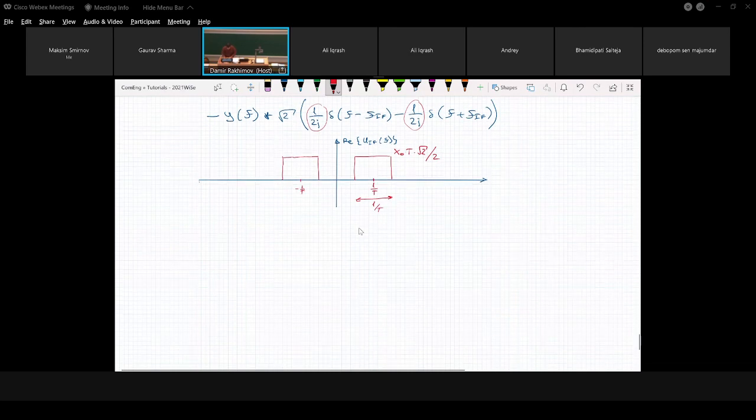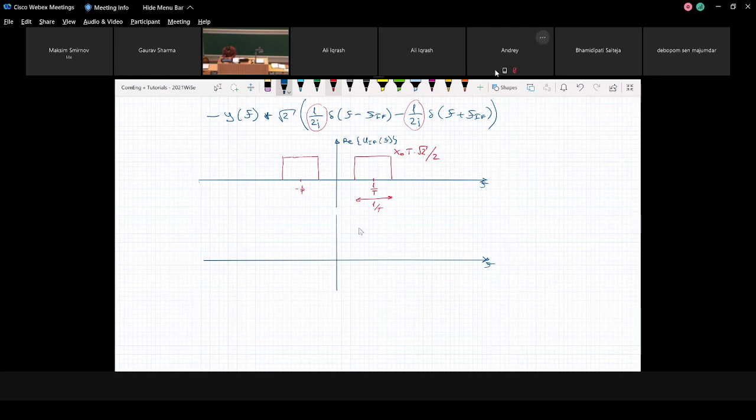And let's plot the second part. It's the imaginary part of the spectrum of f.